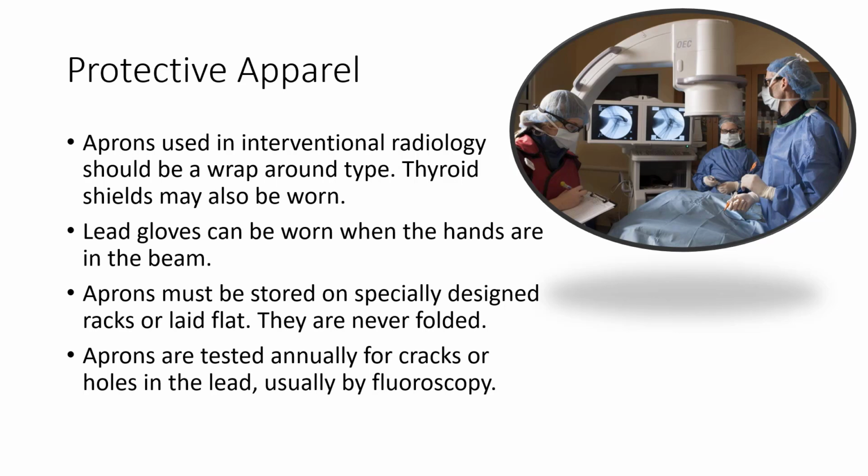Lead gloves can be worn when the hands are in the beam, but remember, we should never put any part of our body directly in the beam. Aprons must be stored on a specially designed rack or laid flat. They are never folded. Aprons are tested annually for cracks or holes in the lead. Usually this is done by fluoroscopy.